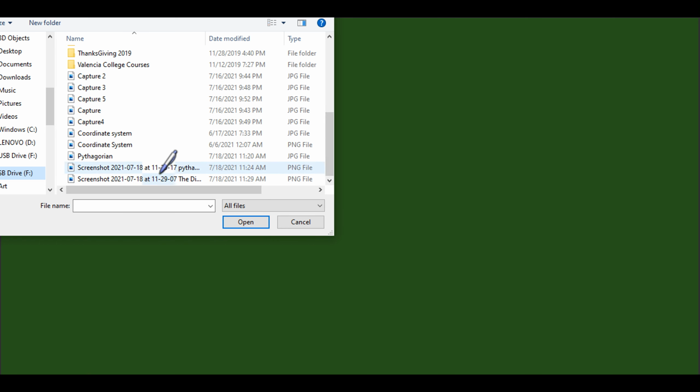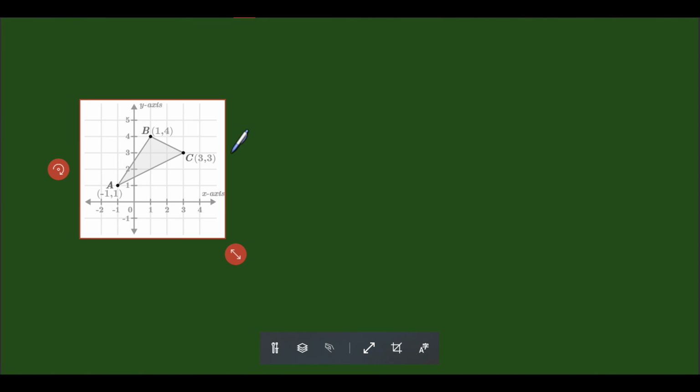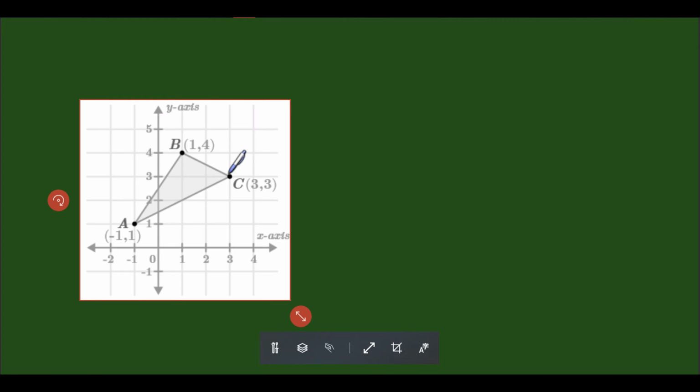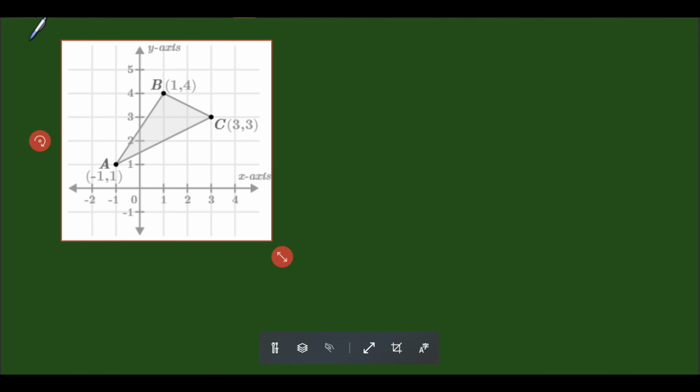There you go. So I have a picture like this. This is a triangle, and you see that the coordinates of 3 points are given.